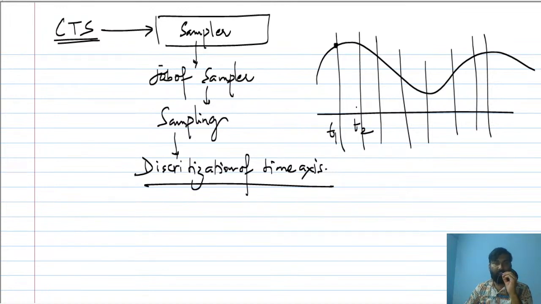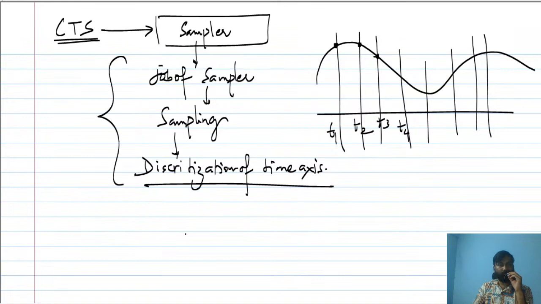At T2 instant, this is the value. At T3 instant, this is the value. So we are picking up some values from the continuous signal. This is how we sample the continuous time signal. This is just the definition. How mathematically it is done, I am going to show very soon.